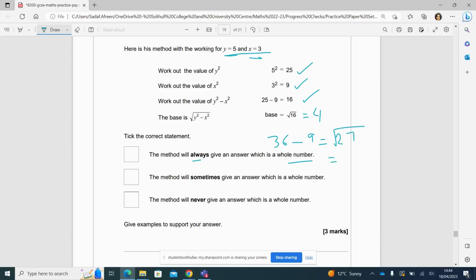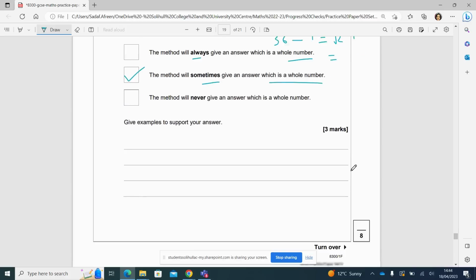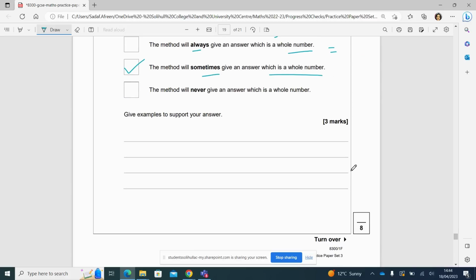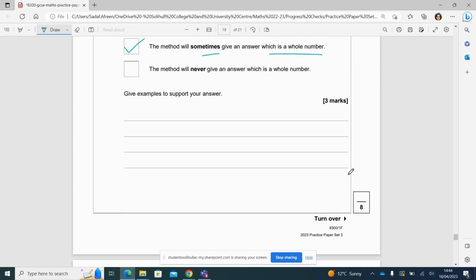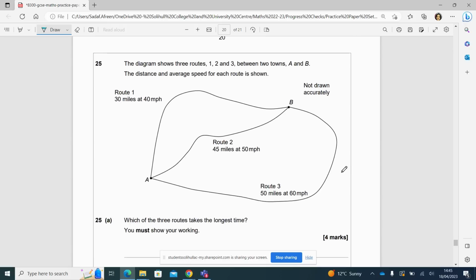So 36 minus 9 is 27, and when you take a square root of 27, we know that it will not give us a whole number as an answer. It will be a decimal number because 27 is not a square number. So you will tick this statement here which says the method will sometimes give an answer which is a whole number, and sometimes it doesn't give an answer as a whole number as well. Okay, and it says 3 marks for this answer.